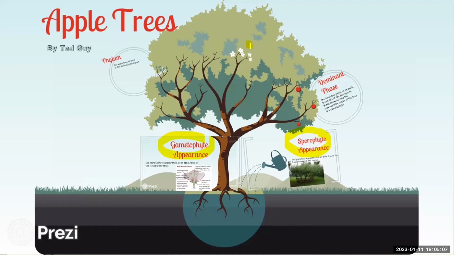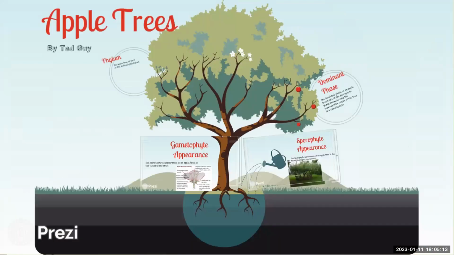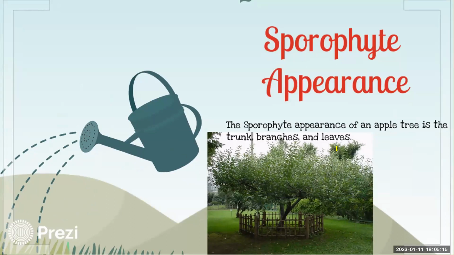Now the gametophyte represents these flowers and the sporophyte represents the whole plant, right? So this plant is the sporophyte. All the plants we're going to learn, we can see these two stages, but they are sometimes completely different.